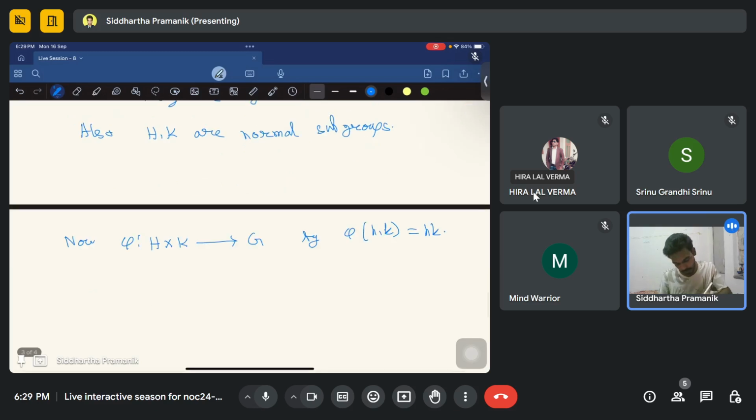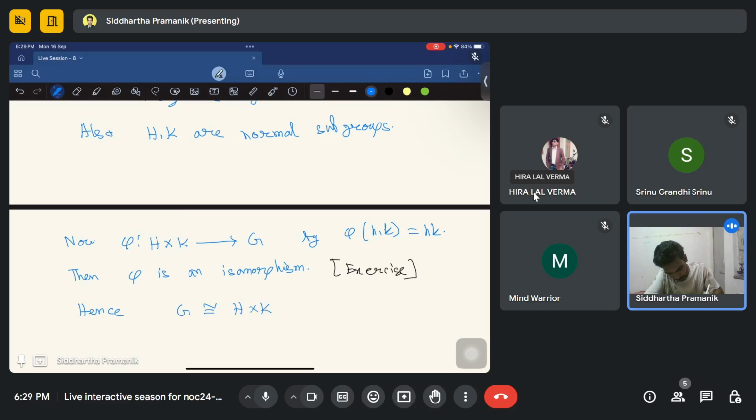Then you can show that this will be an isomorphism because the same thing has been done in the lectures also. So you can just repeat the process. So phi is an isomorphism. So you just do it by yourself or just review the lectures. So that means G is isomorphic to H cross K.